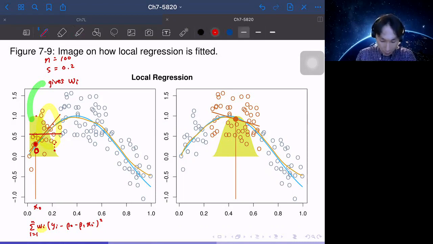In this example, wi is probably given by the exponential of negative (xi minus x0) squared over 2 or something like that. If xi is closer to x naught, then we have higher wi. Far away, we have smaller wi.